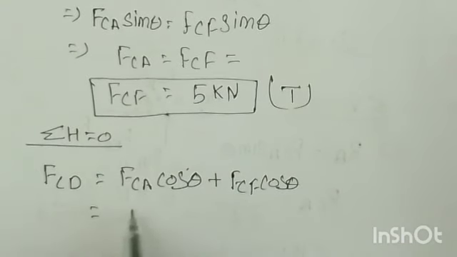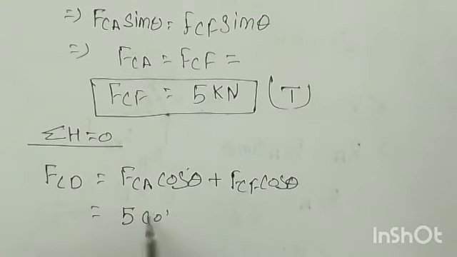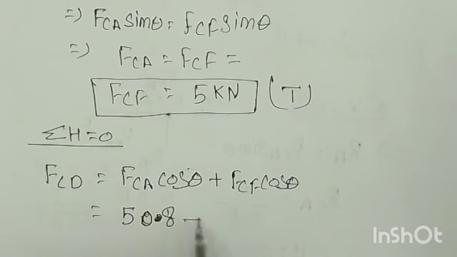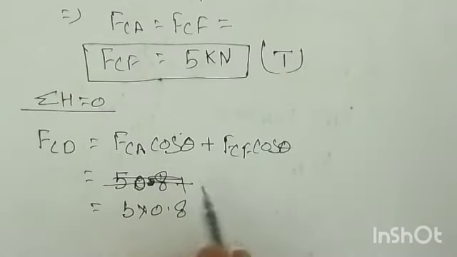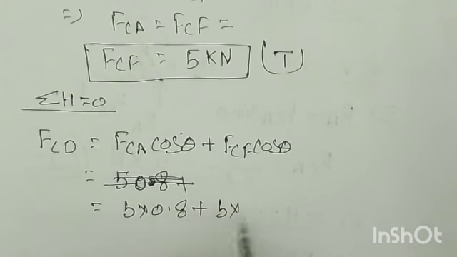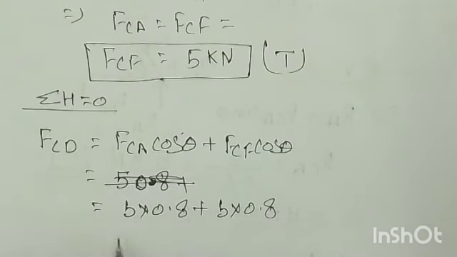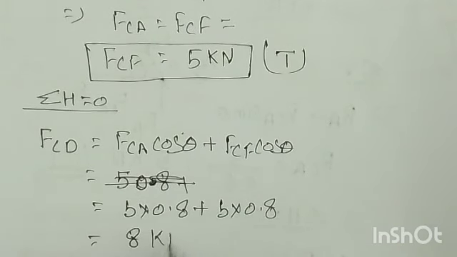So FCA is equal to what? 5, and cos theta is 0.8. So this is 5 into 0.8 plus 5 into 0.8. 5 times 0.8 is 4, and 4 plus 4 is 8 kilonewton. So FCD is 8 kilonewton.